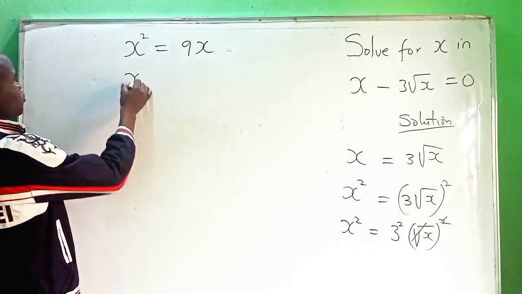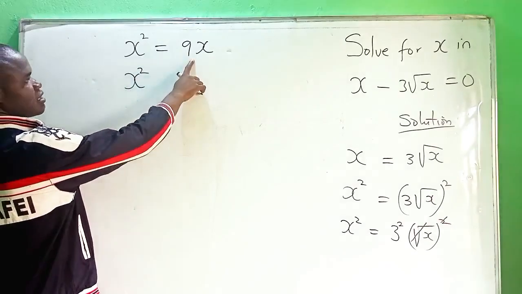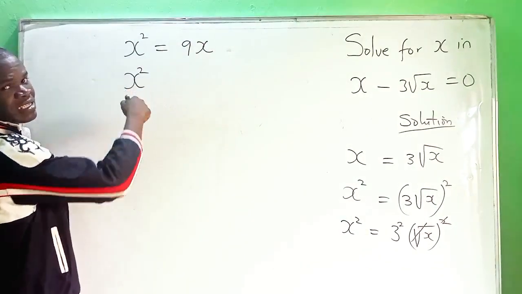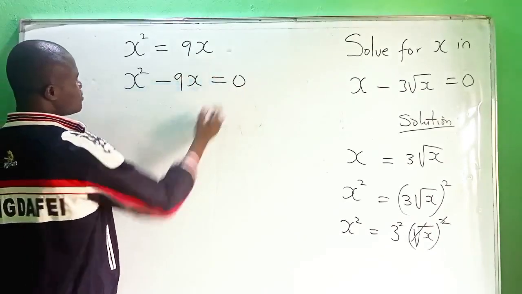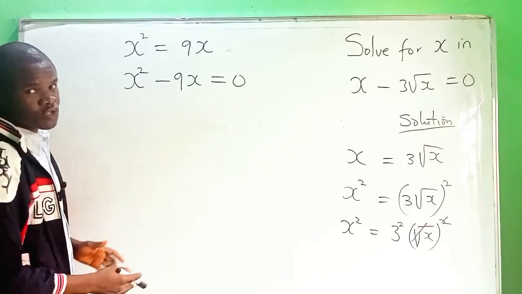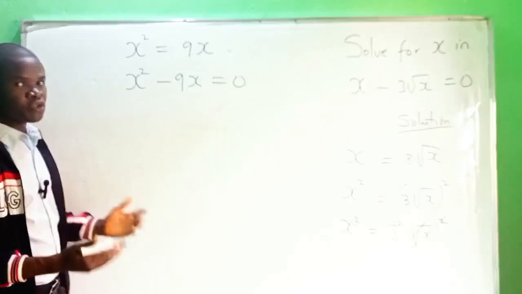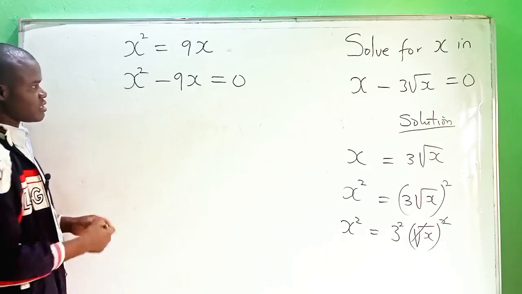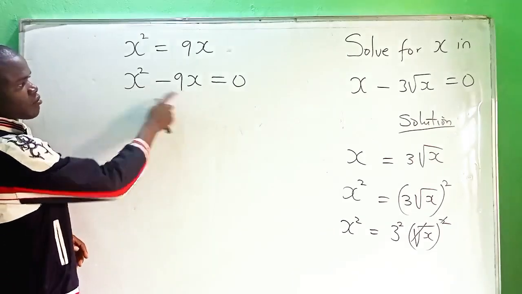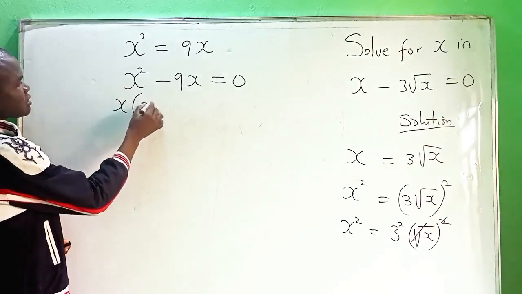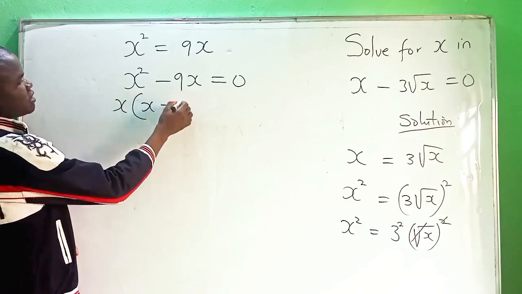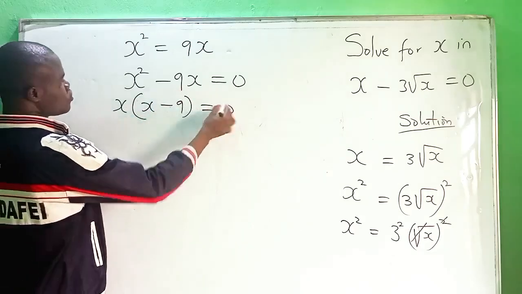We are going to say x squared, this is 9x. Bring it back inside, it becomes minus 9x equal to 0. So this is a quadratic equation. We can proceed by method of factorization. That is to say, what is common here, that is x. So factor x outside, what remains here is x, minus what remains here is 9, equal to 0.